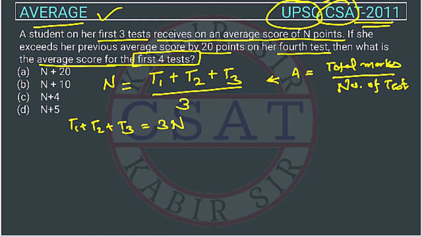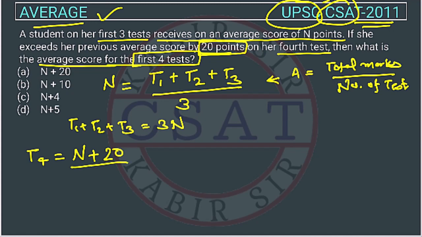Now they have given how many marks she received in the 4th paper. She got 20 marks more than the average score of the previous tests. So the average marks in the previous tests are n, and in the 4th paper she is getting 20 points more, so it will be n plus 20, right?